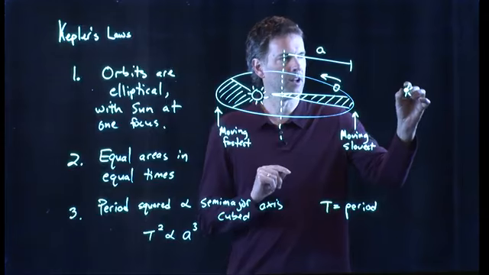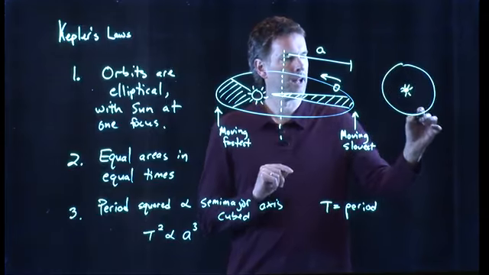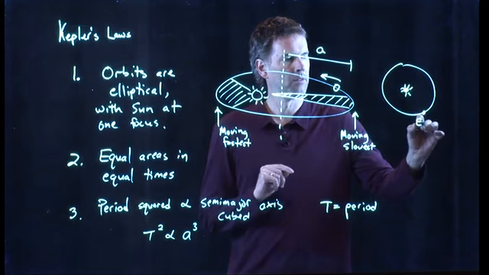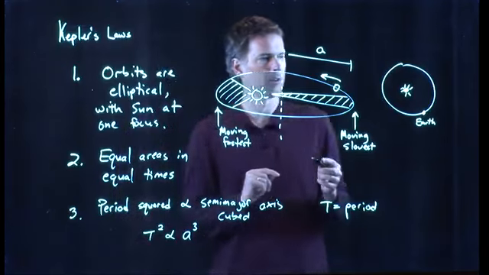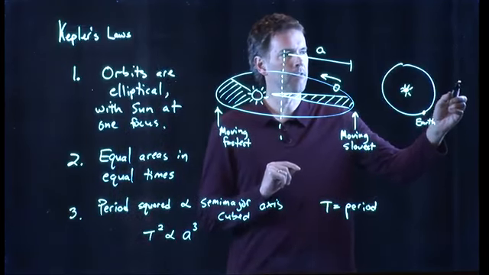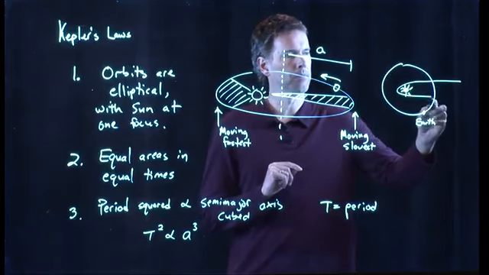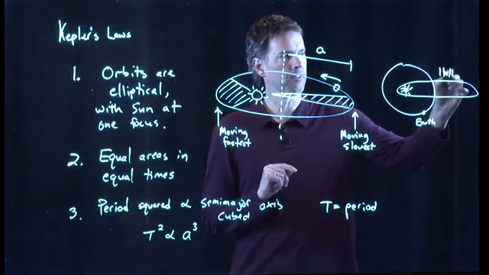So if this is our sun, the Earth has an orbit that looks nearly circular, okay? It's still elliptical, but it's nearly circular. Whereas Halley's Comet comes in very steep and shoots way back out. This might be something like Halley's Comet.